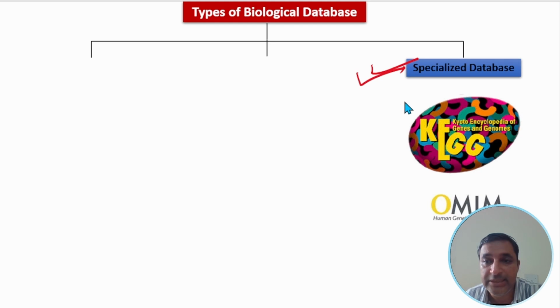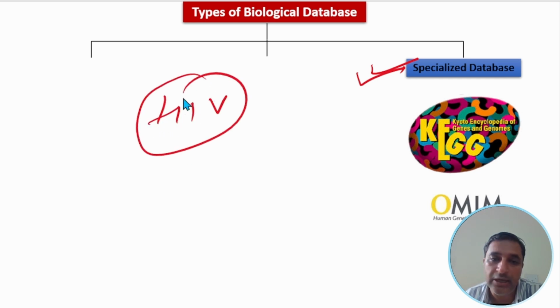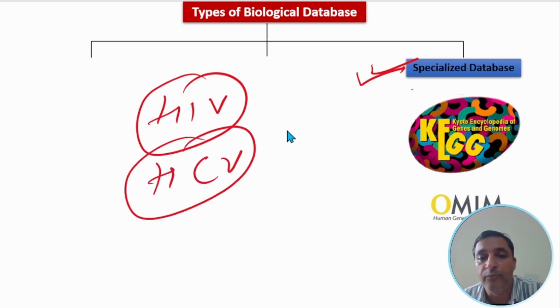Specialized databases, as the name indicates, contain information of a very specific kind, like a database which contains information about HIV, the human immunodeficiency virus, or HCV. They form a specialized database because they serve only the needs of people who are specialized in certain domains.